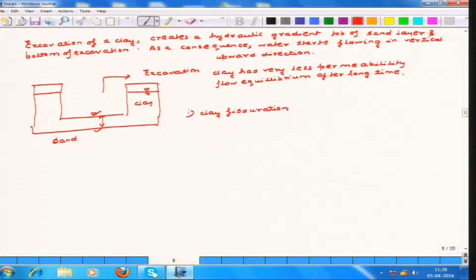So, now we have to first consider physically when the floor of the excavation is going to be stable. The floor of the excavation is stable only if the water pressure P at the top of the sand layer, that means at this point P, is equivalent to the weight of clay above it, disregarding the shear strength of clay.